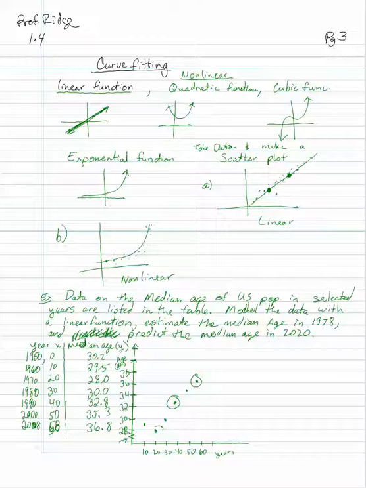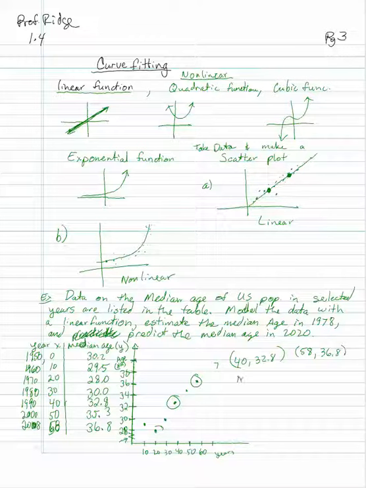So I'm going to use, what point was that? 40. Well, actually I'm off a little bit, close enough. 40 and 32.8, and I'm going to use 58 and 36.8.